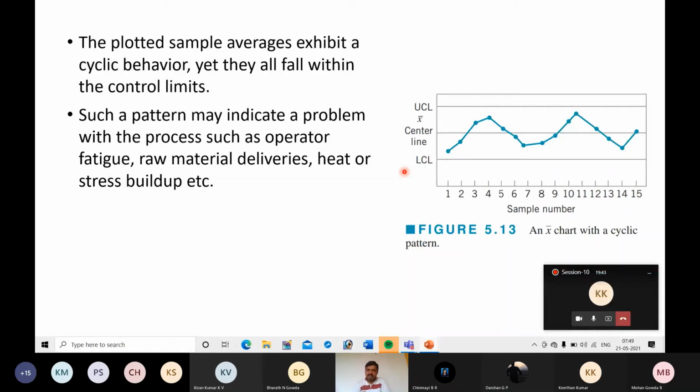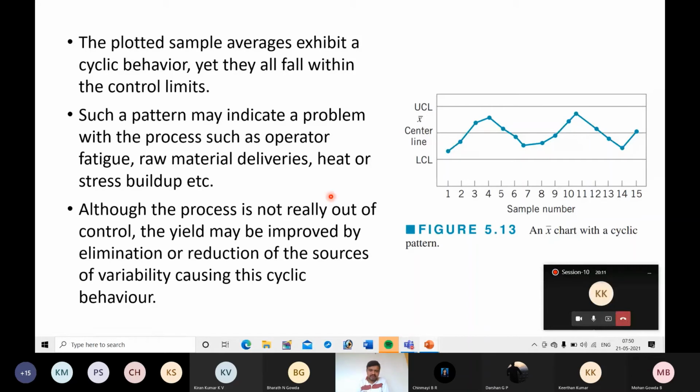Because of the relative motion between tool and work part, there will be generation of heat. That heat may result in wear of the cutting tool, or it may result in changes in properties of the work material. So that also may result in a cyclic pattern.